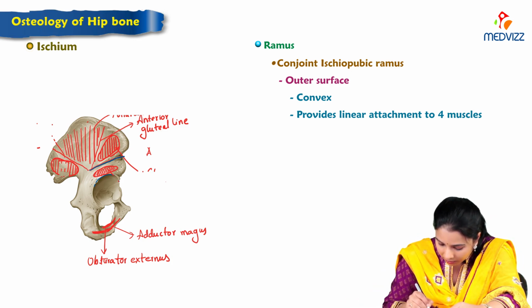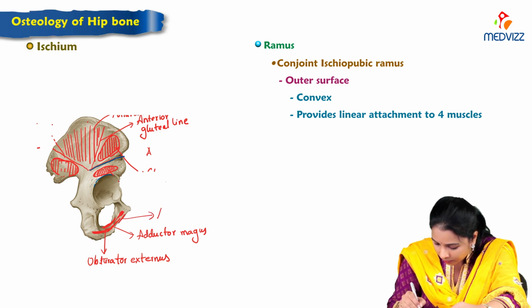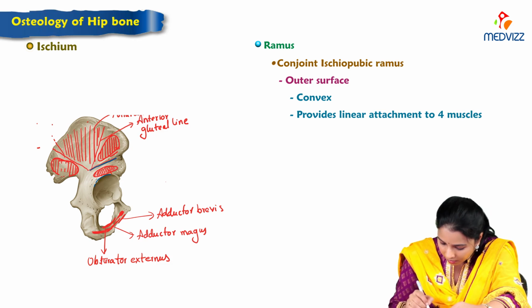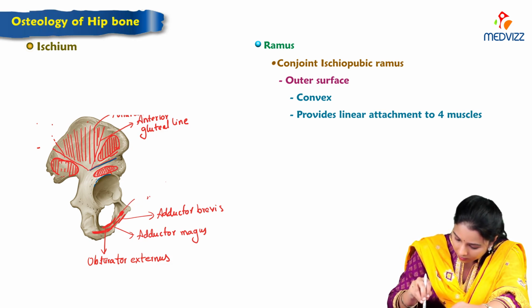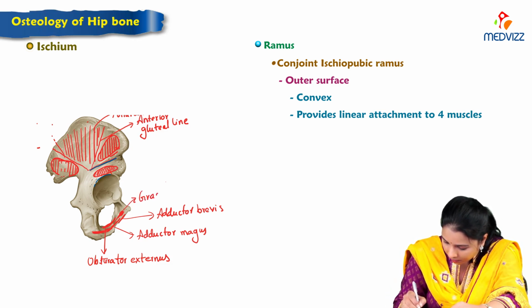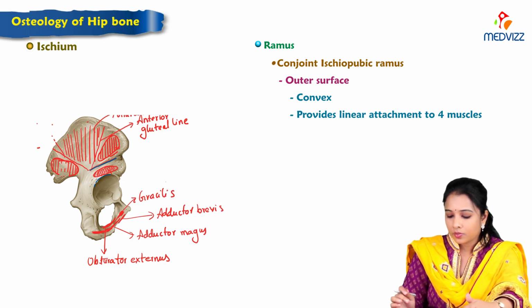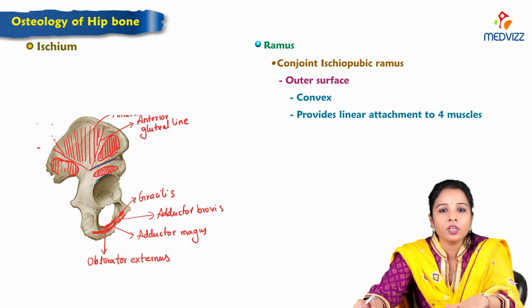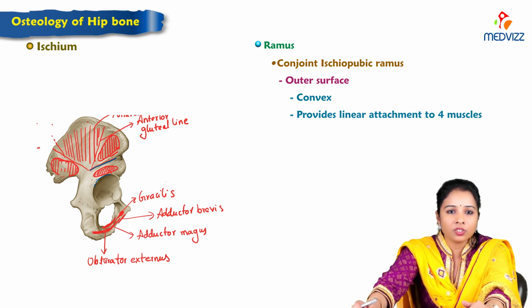So here is the brevis and gracilis. So these are the four muscles which get origin from the ischiopubic ramus from the outer surface.